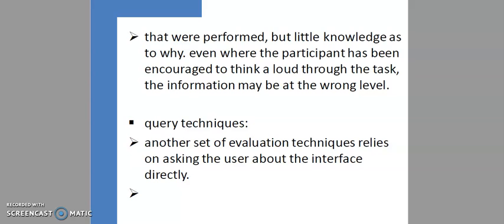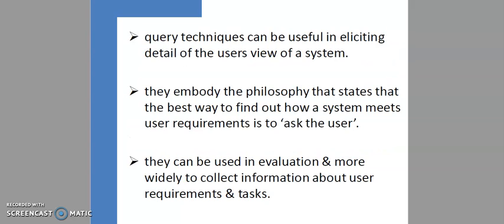Query techniques can be useful in detail of the user's view of the system. There are two main types of query techniques. First one is interviews and second one is questionnaires. First technique is interviews. Interviewing users about their experience with an interactive system provides a direct and structured way of gathering information.